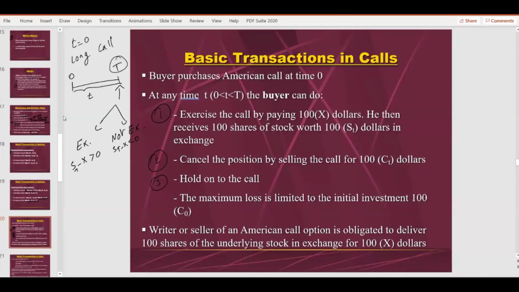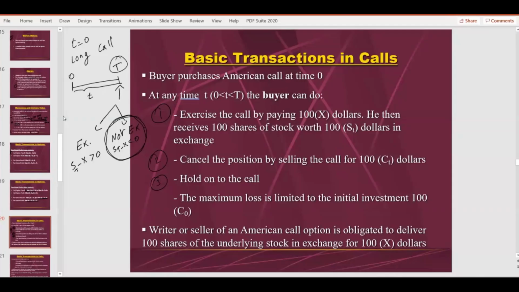In this case, what's your maximum loss if you are holding this option? Your maximum loss is going to be realized when you do not exercise, when we reach the expiry date and the option is out of the money. So in this case, we can say that the option expired out of the money.